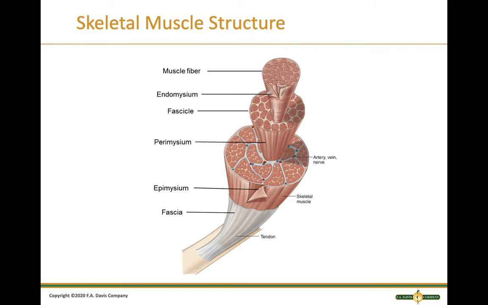A fascicle is just a group of muscle fibers, and then each fascicle is surrounded by a perimysium, which is another connective tissue layer. And then the epimysium surrounds the entire muscle, and then the endomysium, the perimysium, and the epimysium come together at the end of the muscle and form the tendon, which attaches it to the bone.